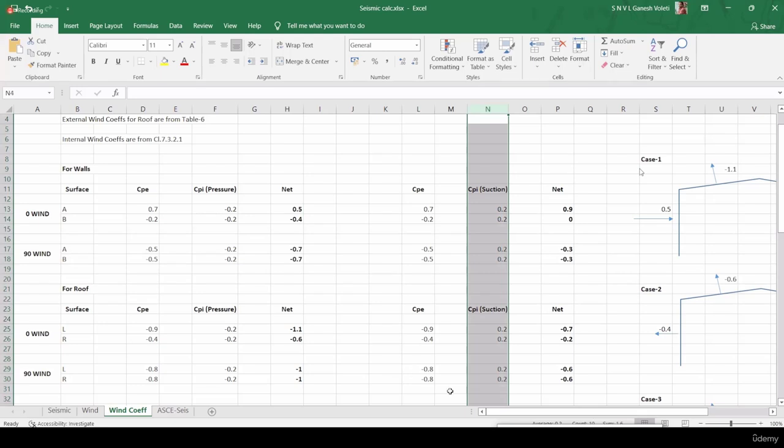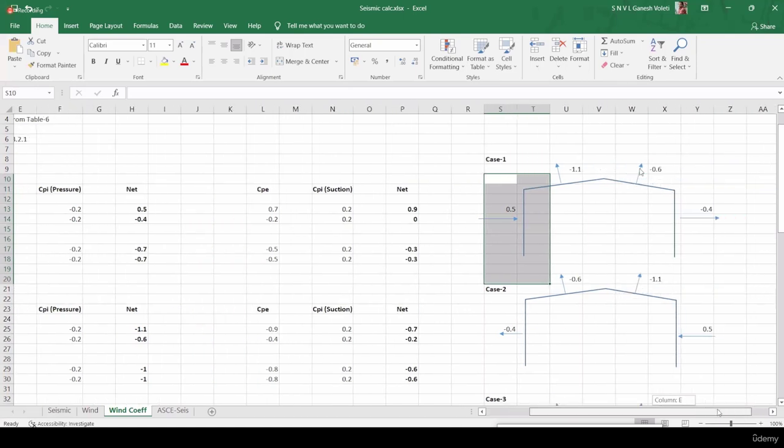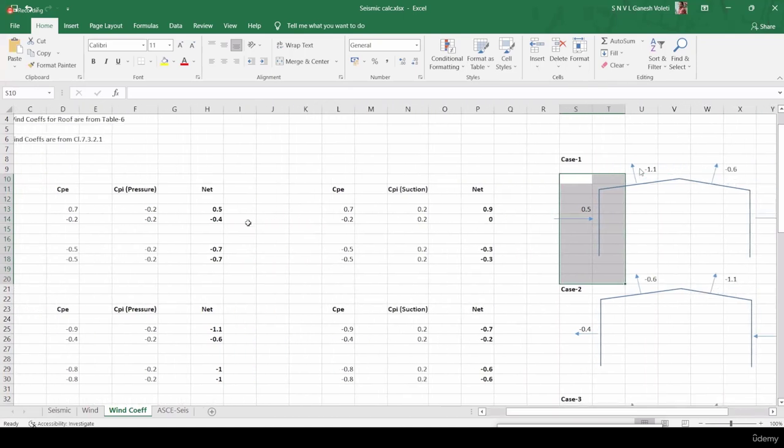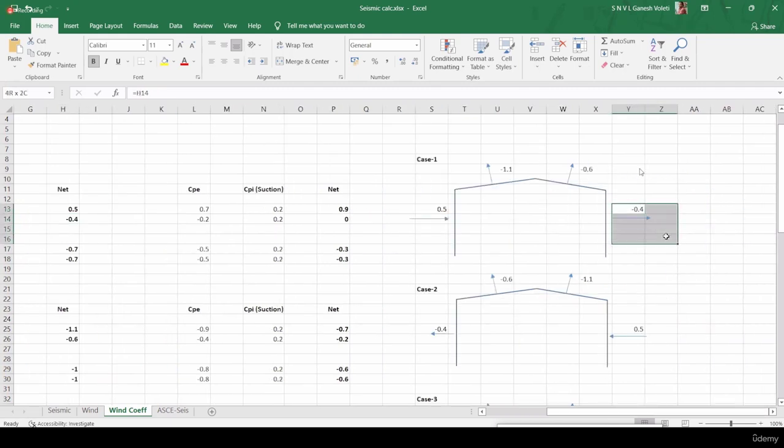Suppose the first case is the pressure case. The A surface net coefficient is plus 0.5. Plus means towards the surface, towards the column; you can see one arrow I am using. And this is the B surface, minus 0.4. Minus means away from the column.